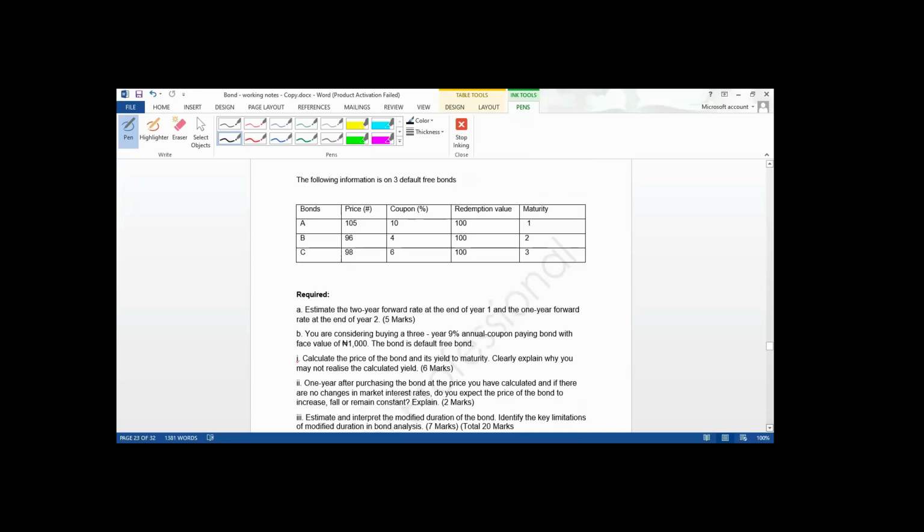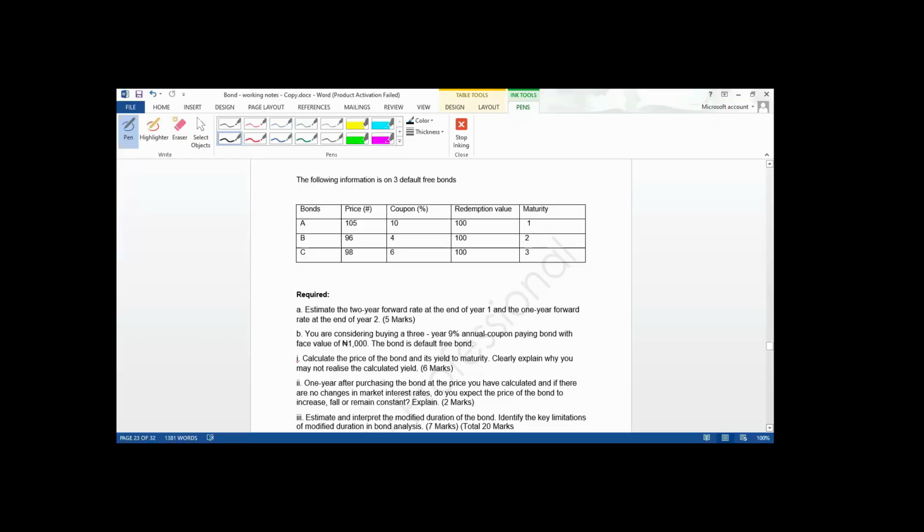Look at requirement B. You are considering buying a 3-year 9% annual coupon paying bond with a face value of 1,000 naira. The bond is a default free bond. This bond is for 3 years.